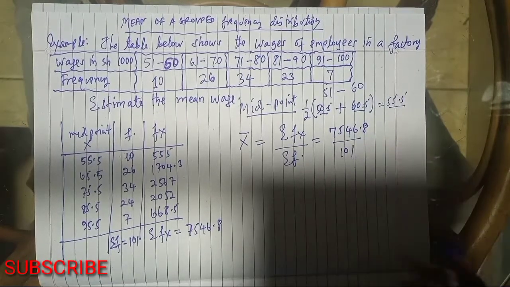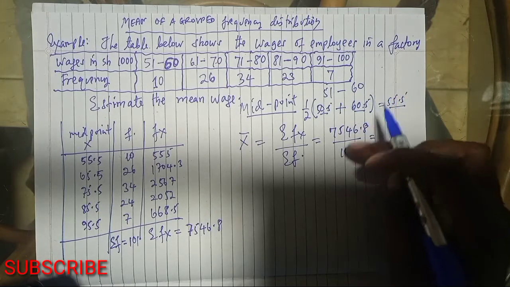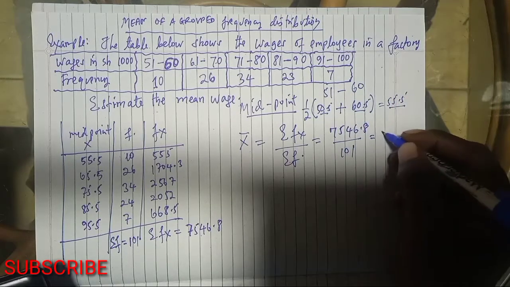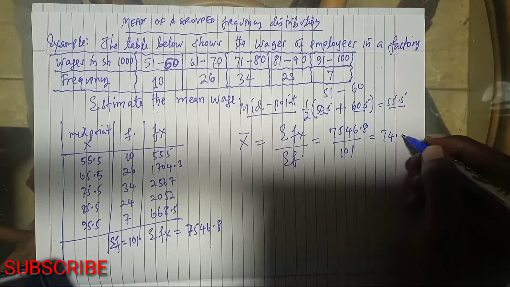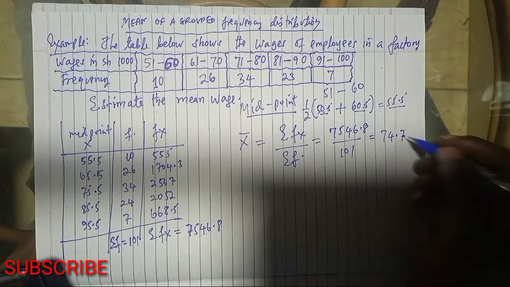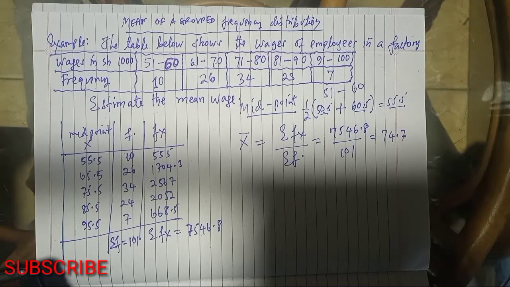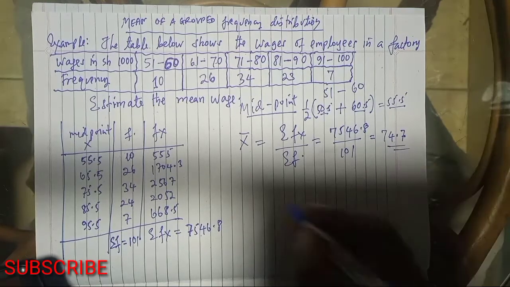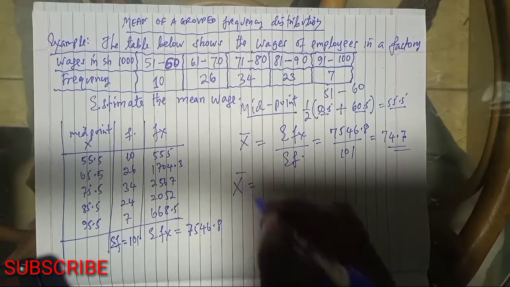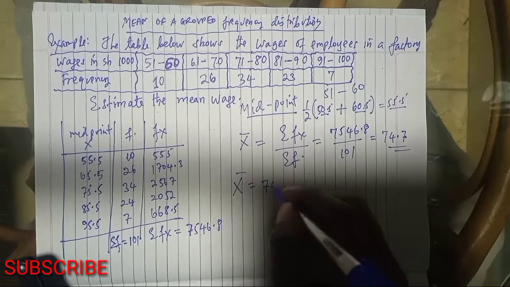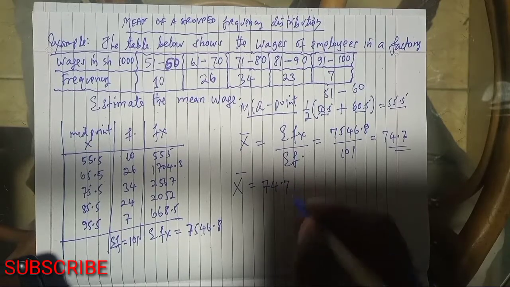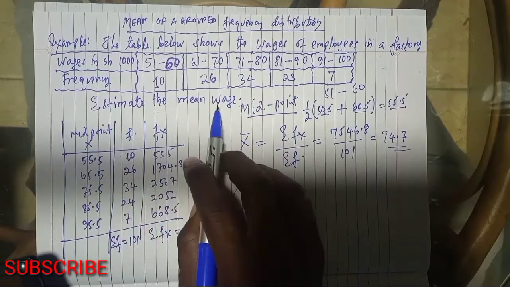That is 7546.8 over 101, which is equal to 74.7. So the mean is 74.7.